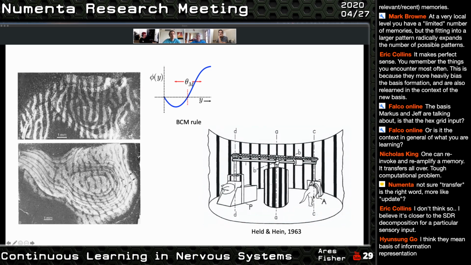And in this experiment, basically, there's one kitten who's walking around the carousel, providing optic flow, right? So when the kitten moved, the stripes would move with it, and it learned this sensory motor association. Whereas this kitten was just in a little box and was passively viewing the stripes go by, dependent on the other kitten's movement.